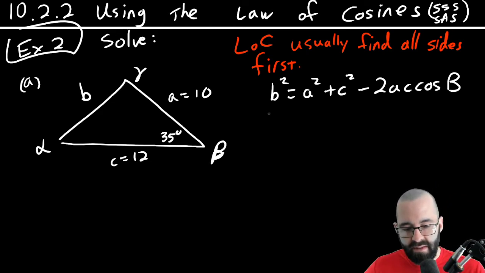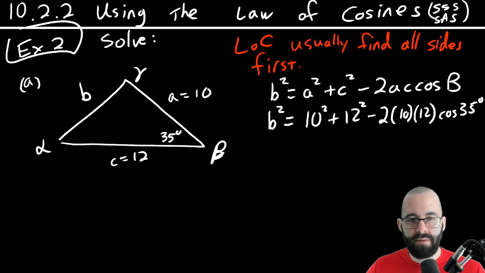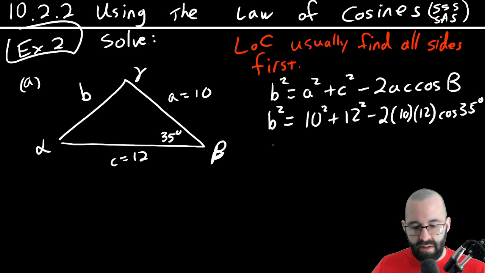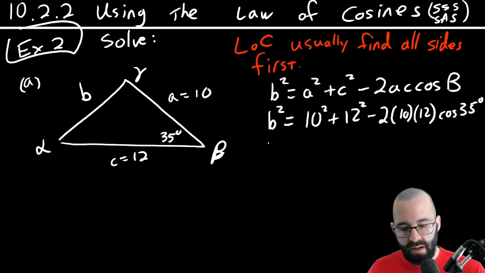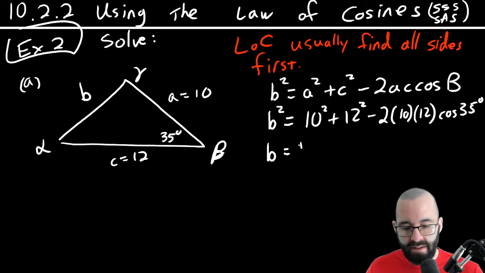And then we just fill things in. So B squared is equal to 10 squared plus 12 squared minus 2 times 10 times 12 times the cosine of 35 degrees. Type that into a calculator, we're good to go. So B squared. And again, it's a really good idea not to approximate until your final answer.